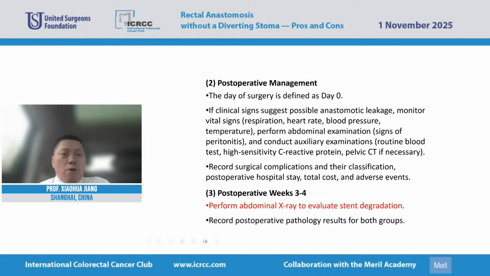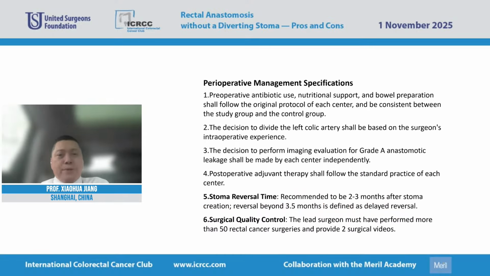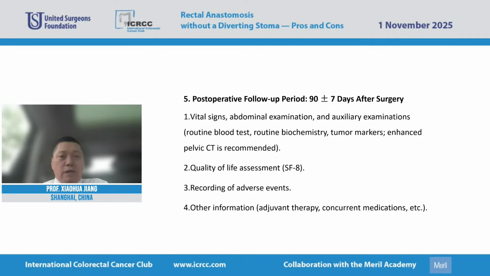So the post-operative management is similar to our conventional clinical practice, and after 3 or 4 weeks, we perform an abdominal X-ray to evaluate the stent degeneration. And the follow-up is around 19 days after the surgery, including vital signs, abdominal examination, and quality of life, and all the data.